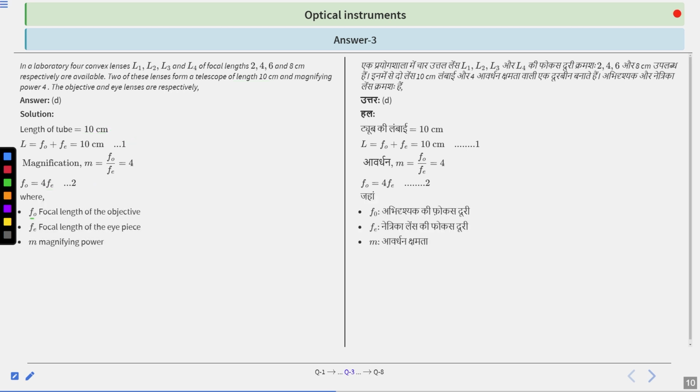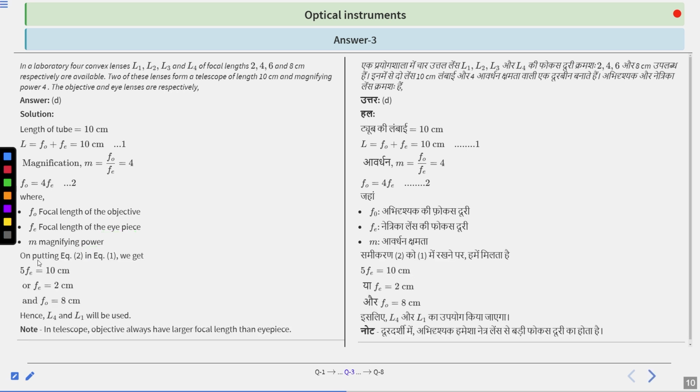FO is the focal length of the objective, FE is the focal length of the eyepiece, and M is the magnifying power. On putting equation second in equation first, we get 5 FE is equal to 10 centimeter.